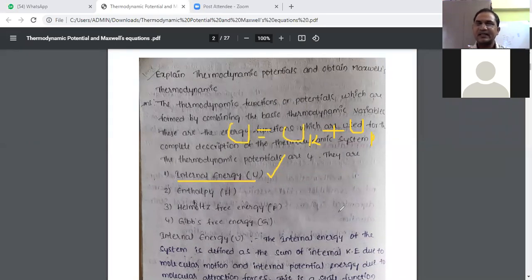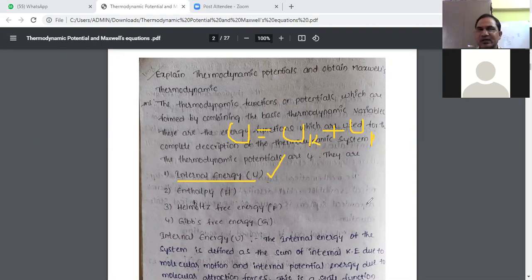If the internal energy of the system decreases, the temperature of the thermal system decreases. So internal energy is a function of temperature, or vice versa, temperature is a function of internal energy. If the internal energy is more, the temperature will be more; if it is less, the temperature will be less.